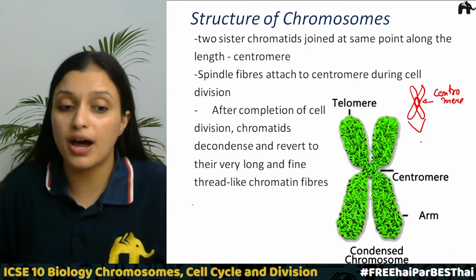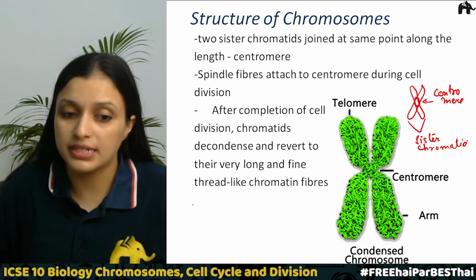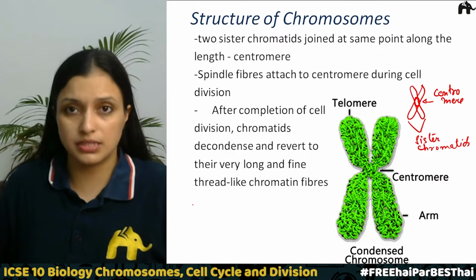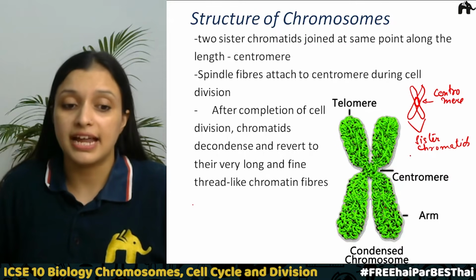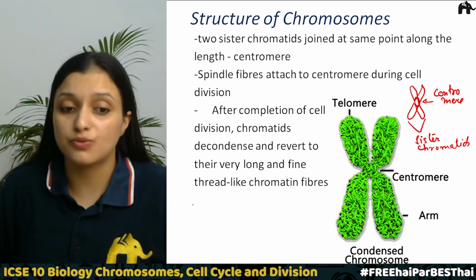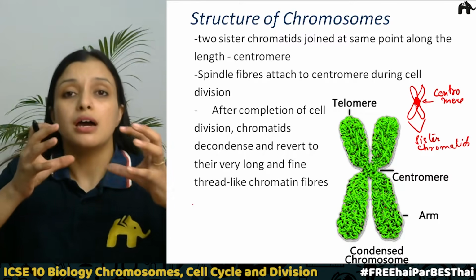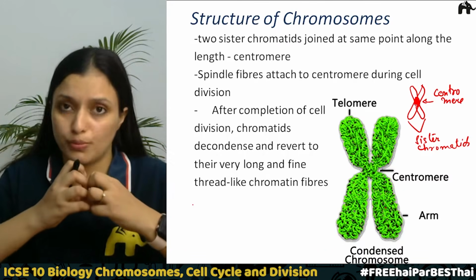And these 2 are called sister chromatids, right? These are the arms of the sister chromatids. And this is nothing other than a centromere, a center which joins these 2 sister chromatids.